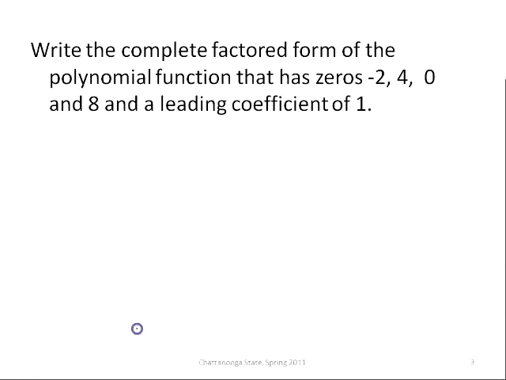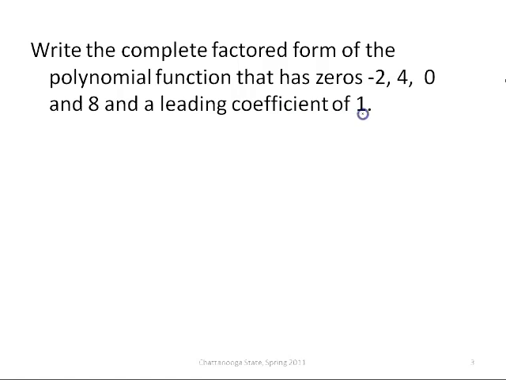Write the complete factored form of a polynomial function that has zeros of -2, 4, 0, and 8. And we know that polynomial has a leading coefficient of 1. Well, if x equals -2 is a 0, then we know x plus 2 is a factor.